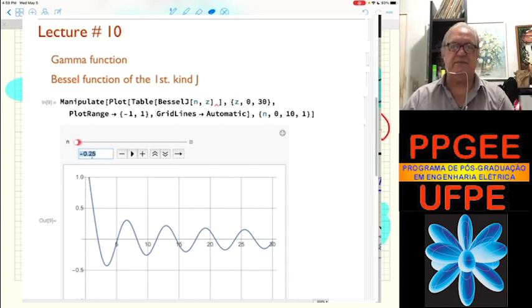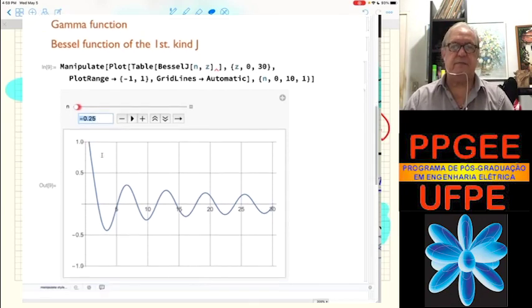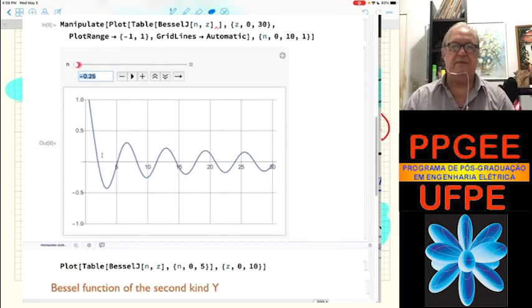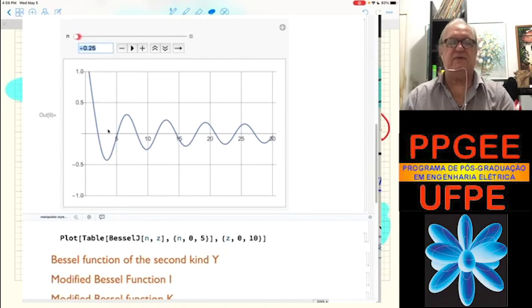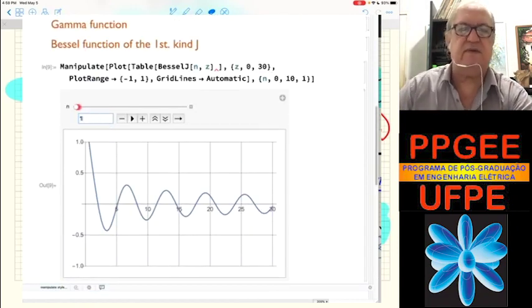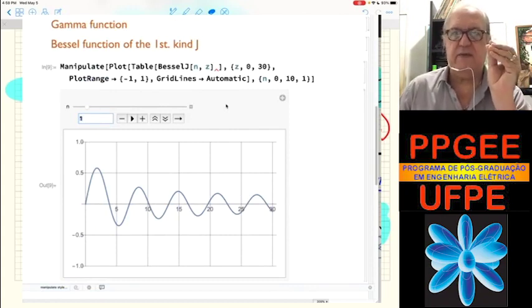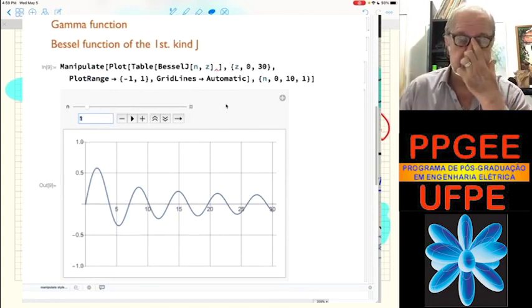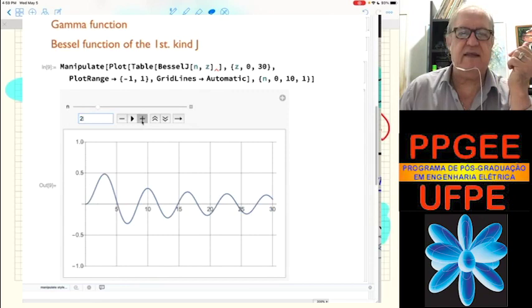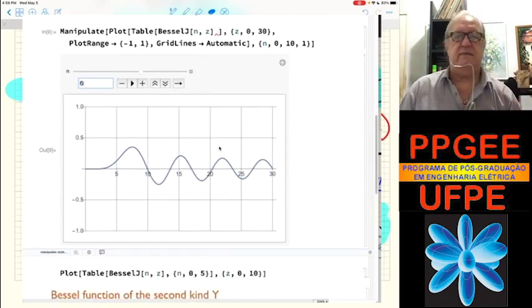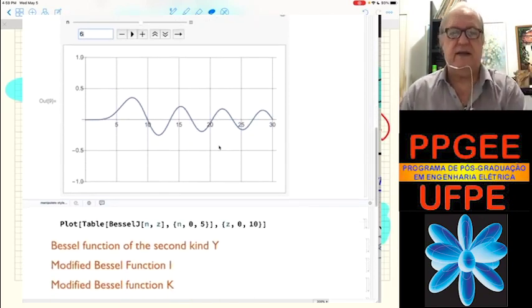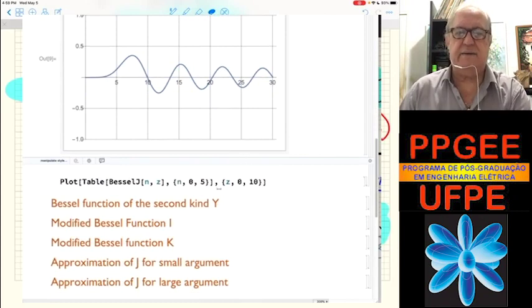It's not the same. So let's go back to traditional terms. We're talking about Bessel functions of positive order. They are all well behaved like this, right? Integer.